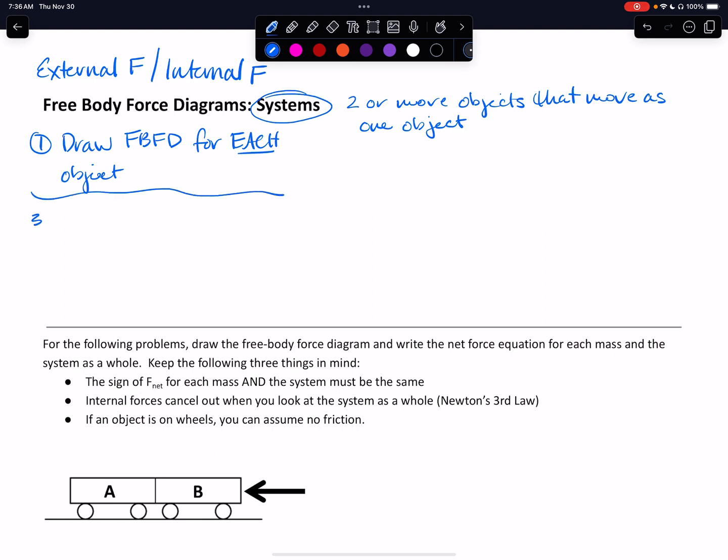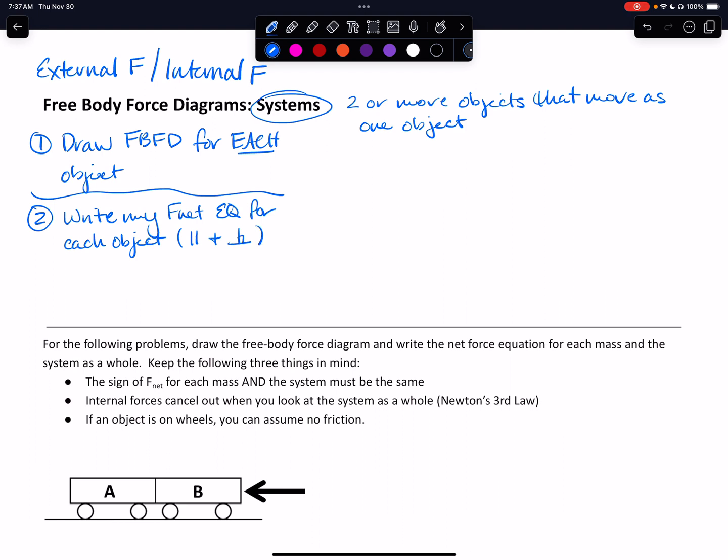After I draw those free body diagrams, I'm going to write my FNet equations for each object. If you have a particular system that's moving, then I'm going to think about these objects in terms of parallel to the motion and then perpendicular to the motion. And we'll see that when we do some examples.